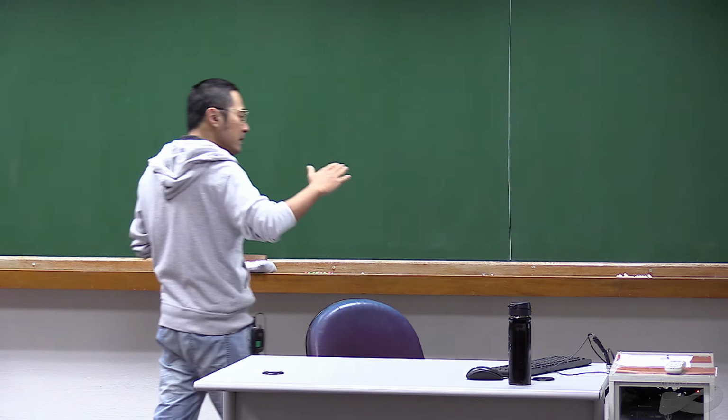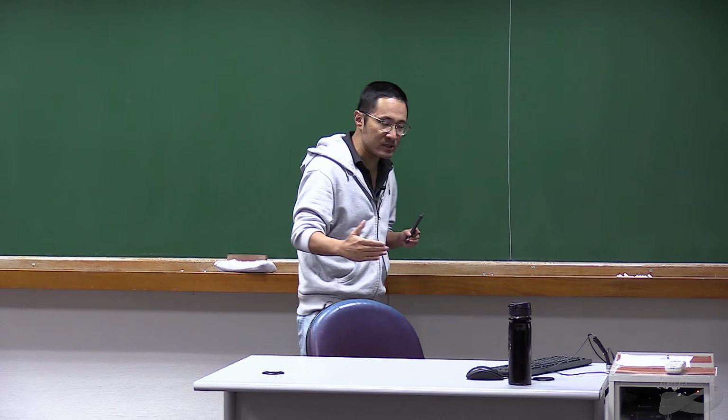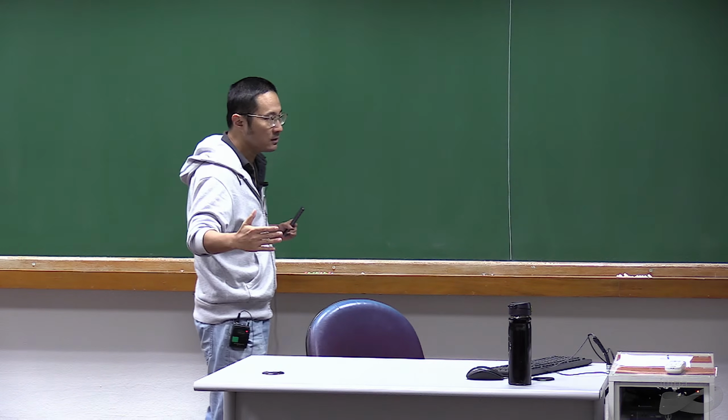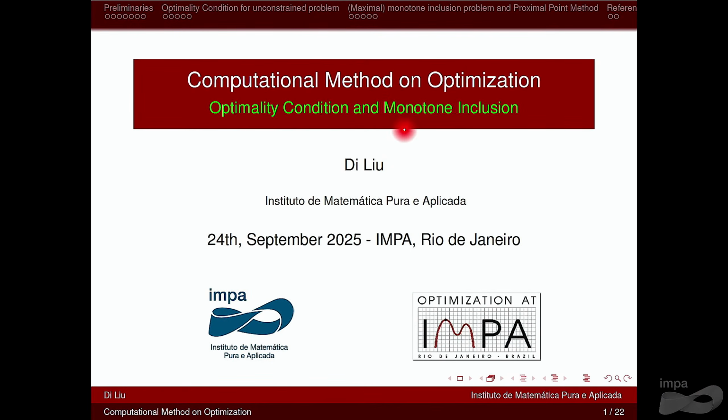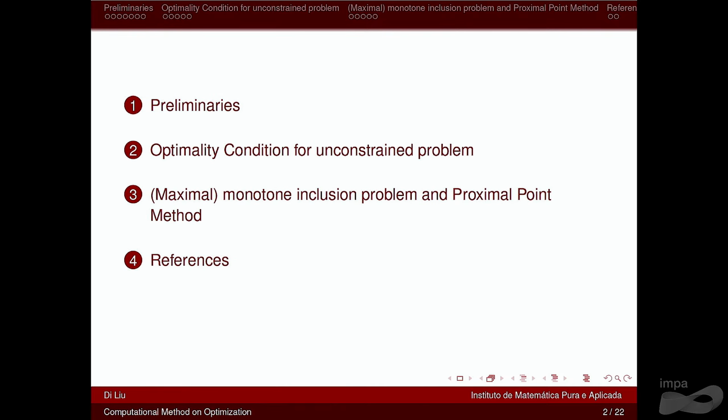So both in constrained optimization and unconstrained optimization, when we talk about, like today, the optimality condition, we will mention a little bit or talk about the monotone operator and some corresponding algorithms. Okay, this is a little bit different from the classical optimization courses.